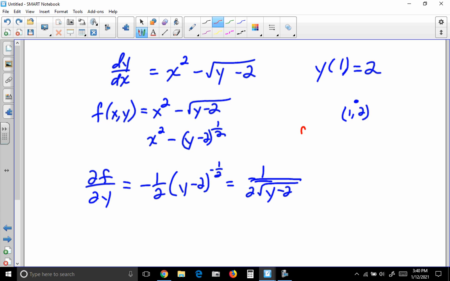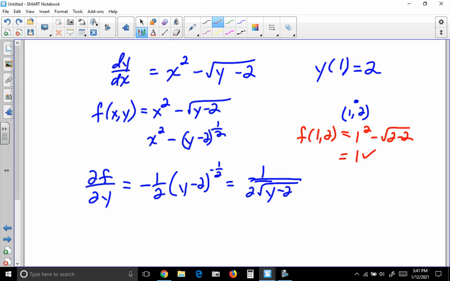So first of all, let's look at f of 1, 2. If we put a 1 in for x and put a 2 in for y, we get 1 squared minus the square root of 0. So 1 minus 0, and we get 1. So that's okay.